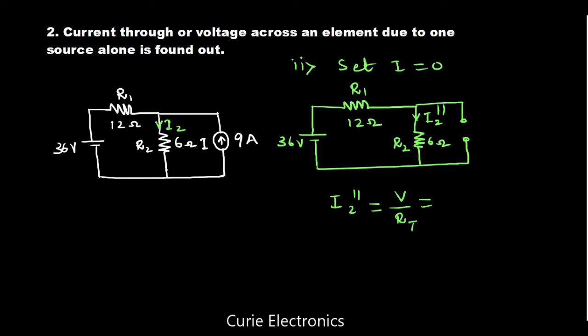So V is 36 volt upon the total resistance, the sum of 12 ohm and 6 ohm, that is 18 ohm. So 36 upon 18 we get 2. So it is 2 amps of current. With the current source as well as the voltage source, the direction of current is the same.